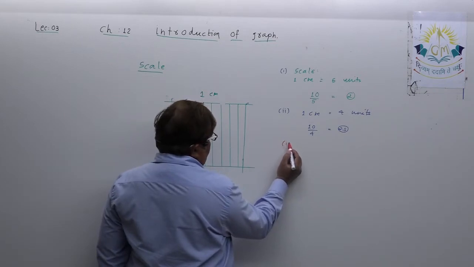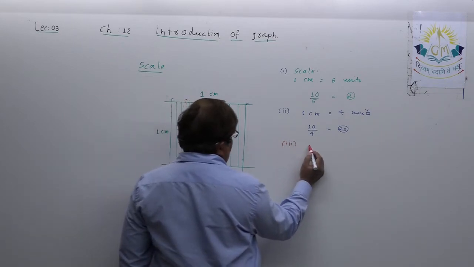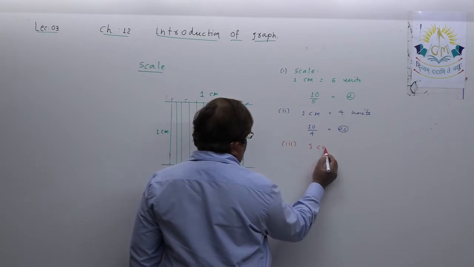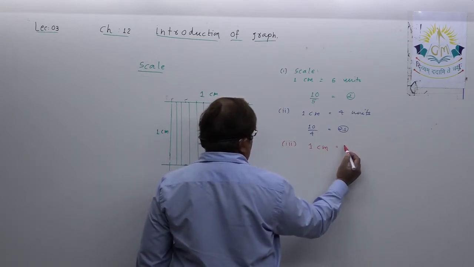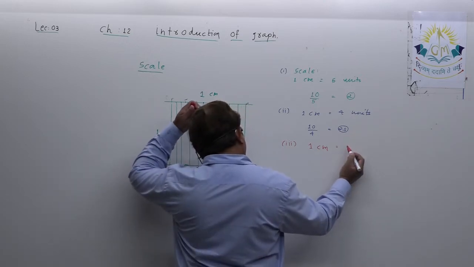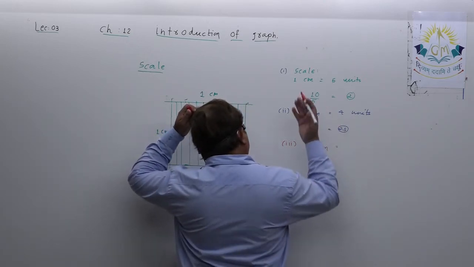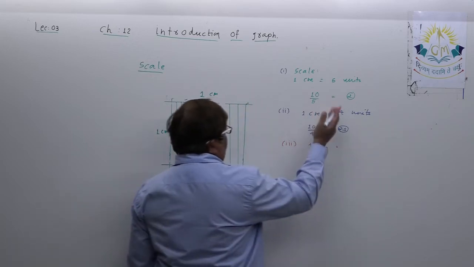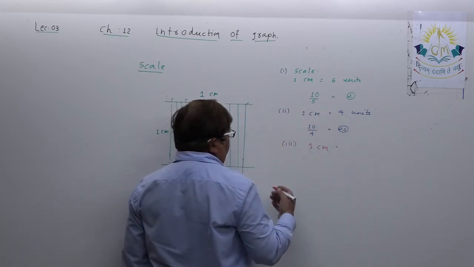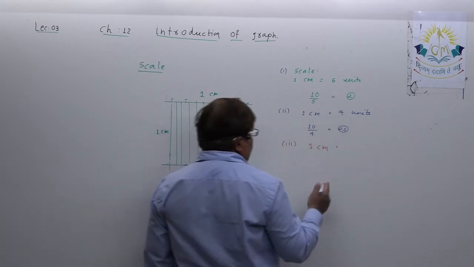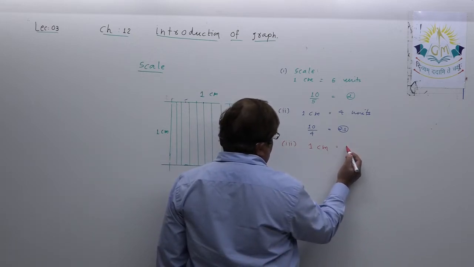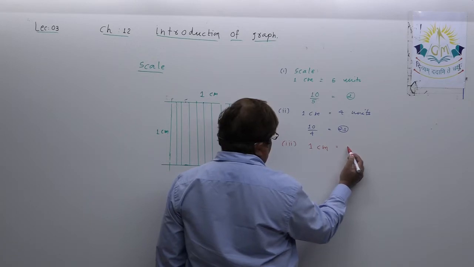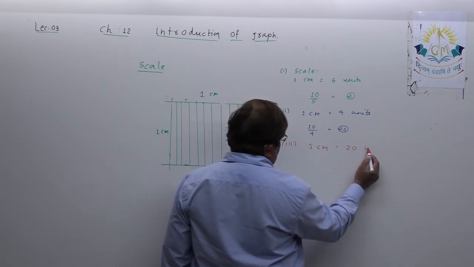Suppose the scale is taken this way: 1 centimeter equal to... suppose I take 10 already as the basic. Suppose I take, dear student, 10 centimeters, 1 centimeter equal to, suppose, 20 units.